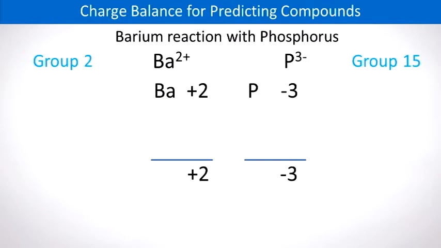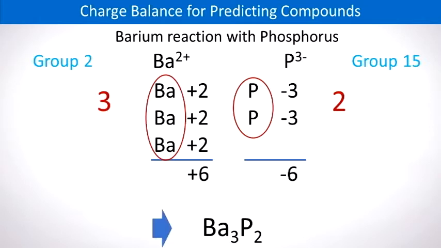We have one barium, one phosphorus, giving us a +2 and a -3, not the same magnitude yet. So we add another barium, another phosphorus, and in order to achieve the same magnitude charges, we add one more barium, and if we take a tally, we have 3 bariums and 2 phosphorus for barium phosphide.